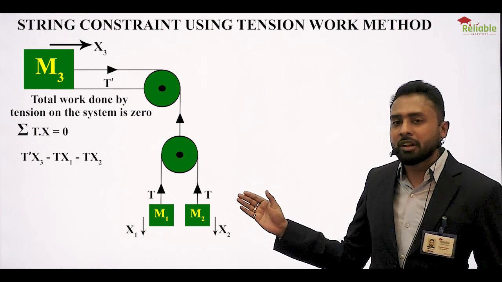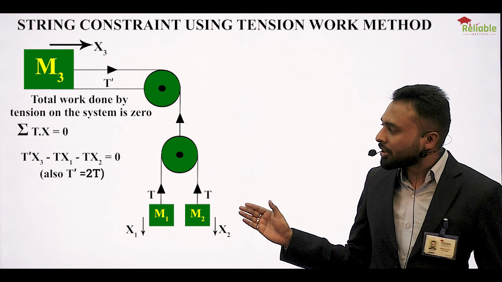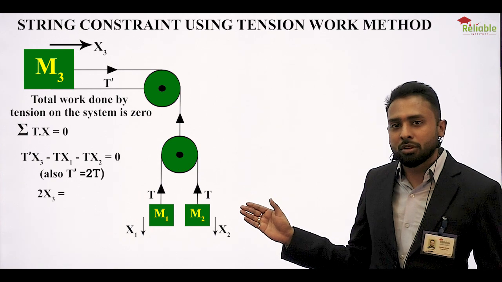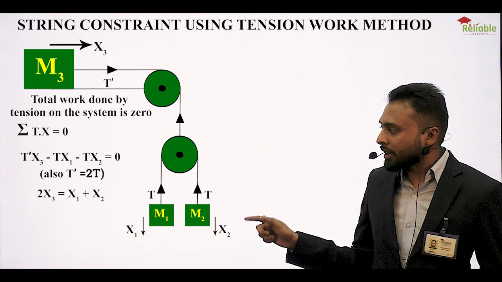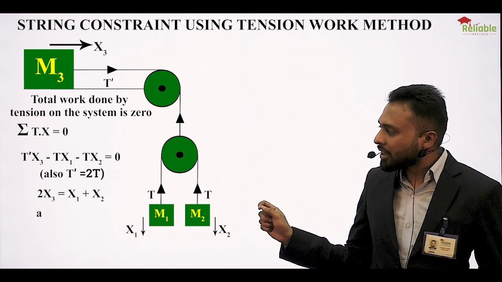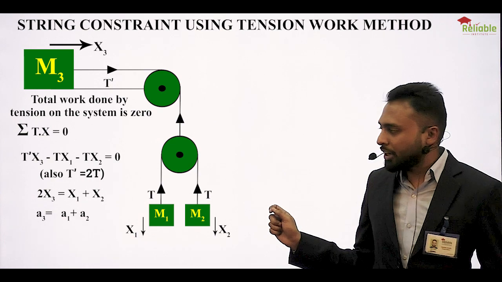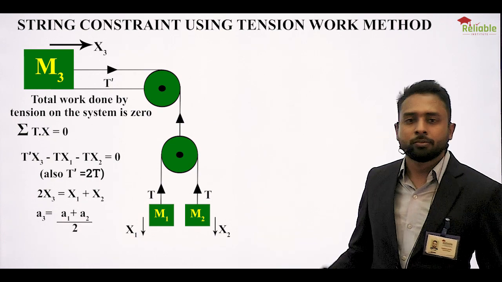Summing them and equating to 0, we get the relation 2x3 equals x1 plus x2. Now differentiating it twice, we get the relation a3 equals a1 plus a2, whole divided by 2.